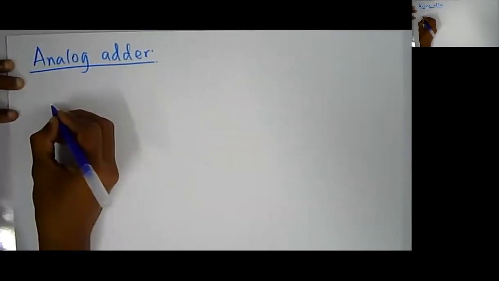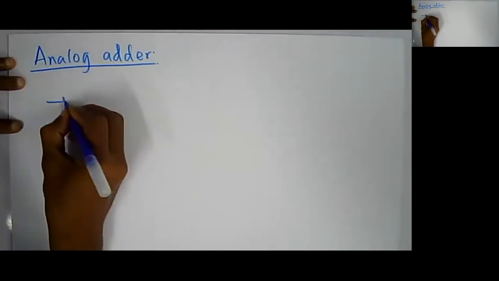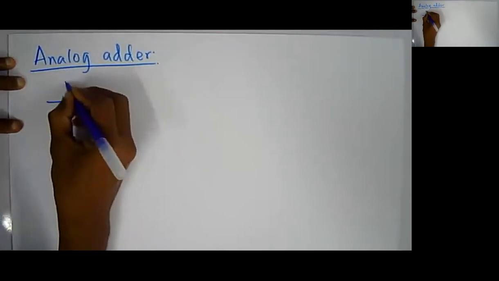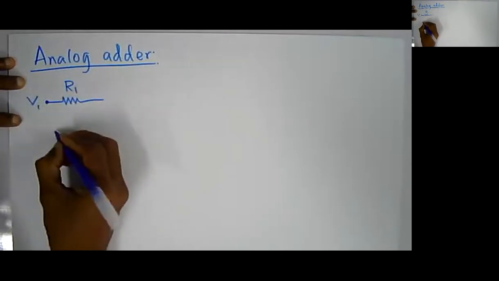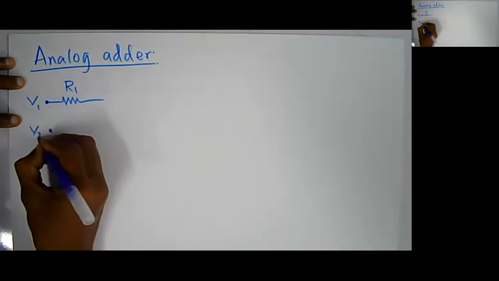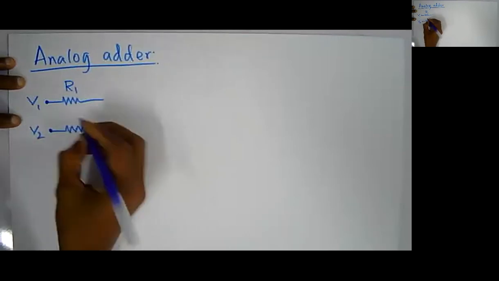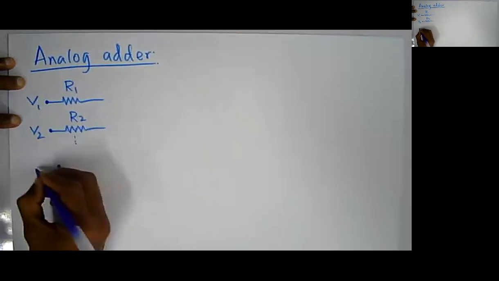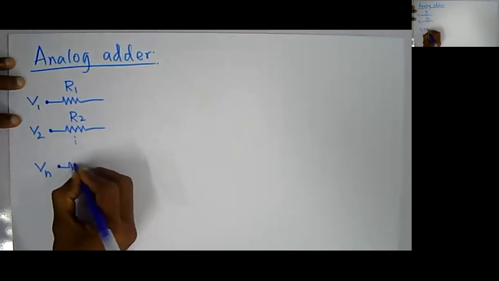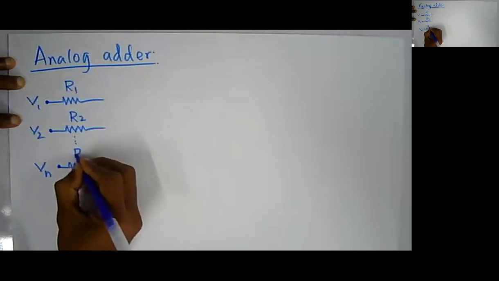Consider a circuit. I'm drawing a circuit. Let this be R1, and here I have a point voltage of V1. This be V2, and I have a resistance R2, and up to Vn and Rn.